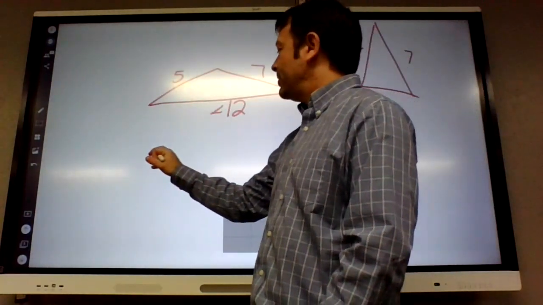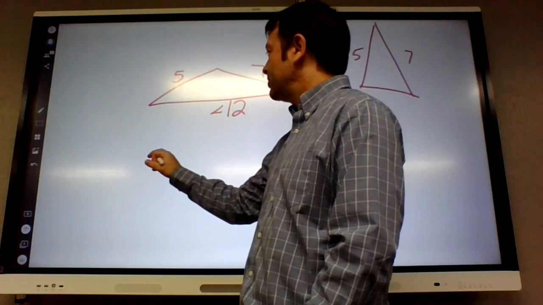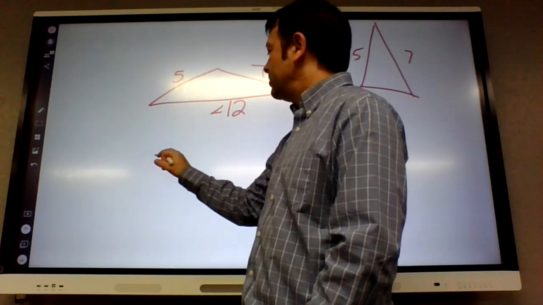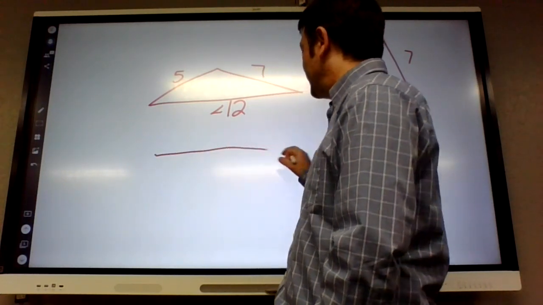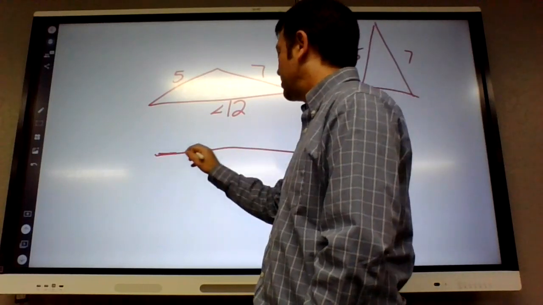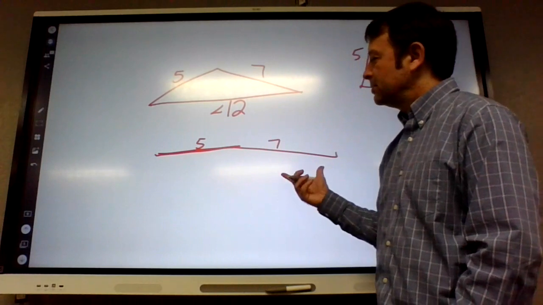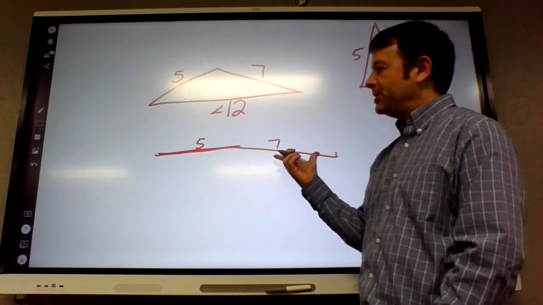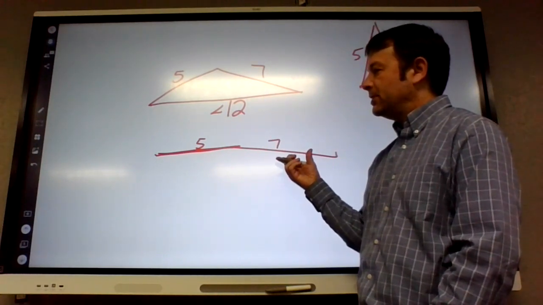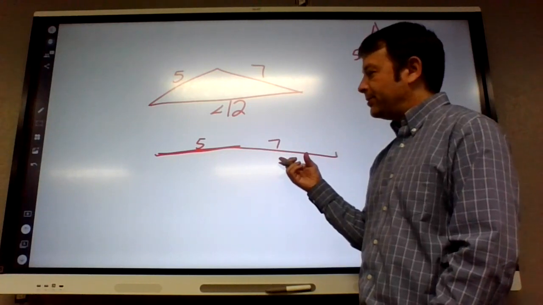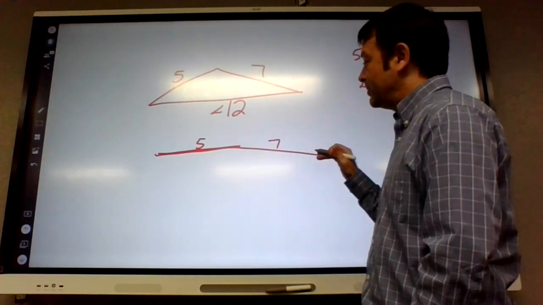Okay, if you think about it, if I stretch the 5 and the 7 so that they're almost straight, how far could they reach? If they were a completely straight line, it would be 12 long. So that wouldn't be a triangle though, right?